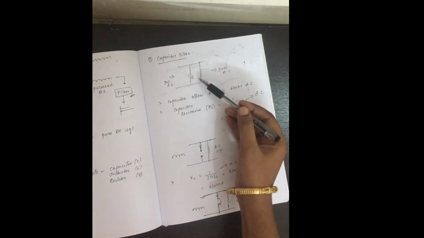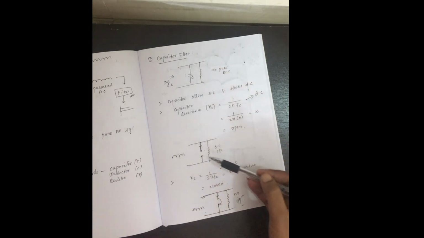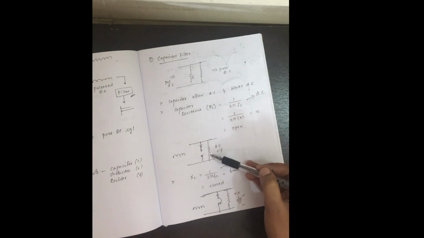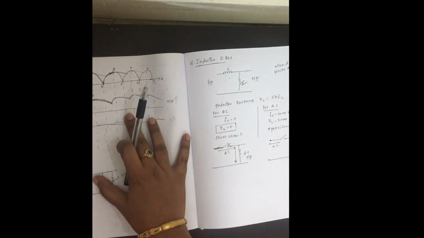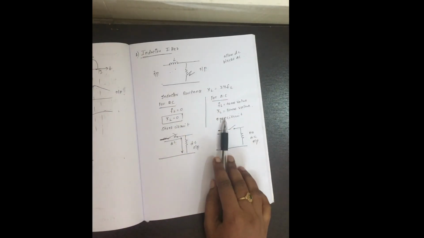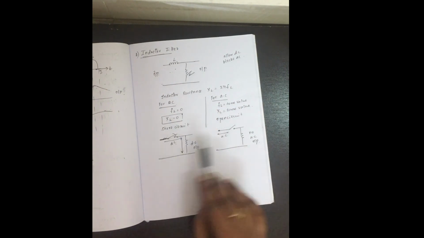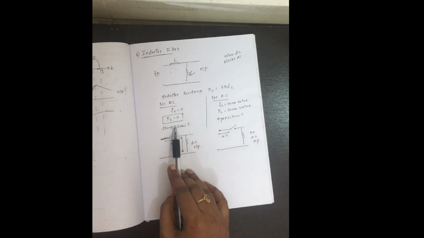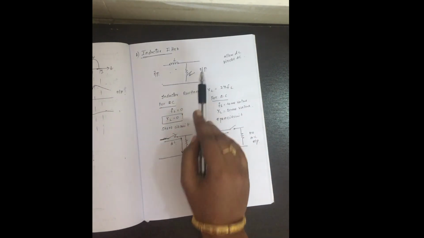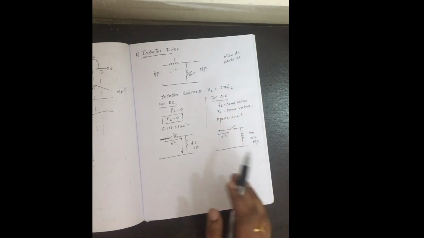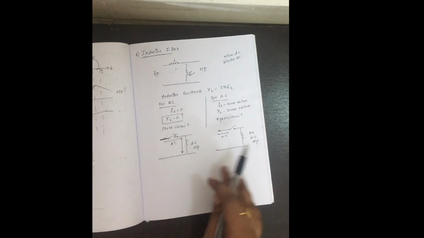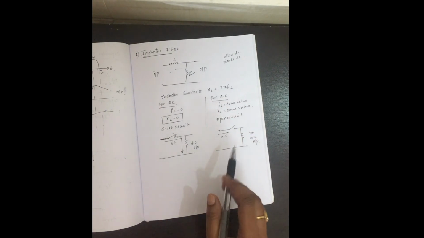When it acts as an open switch, you will get entire DC at the output. This is the graph. And this is the inductor filter, again for the AC signal and the DC signal. For AC it acts as an open switch, so no output. For DC it acts as a closed switch, so you will get the entire output at the load resistor. The graph is the same as for the capacitor filter.